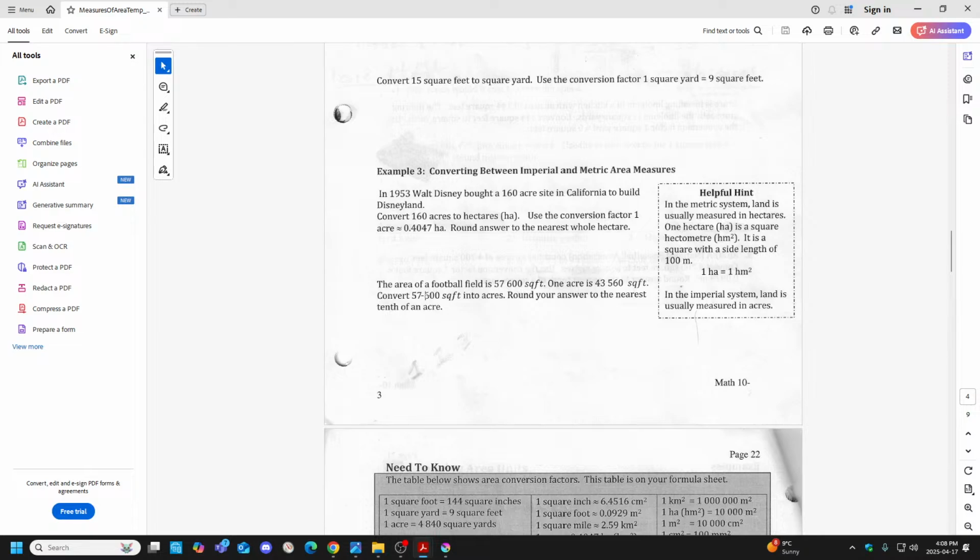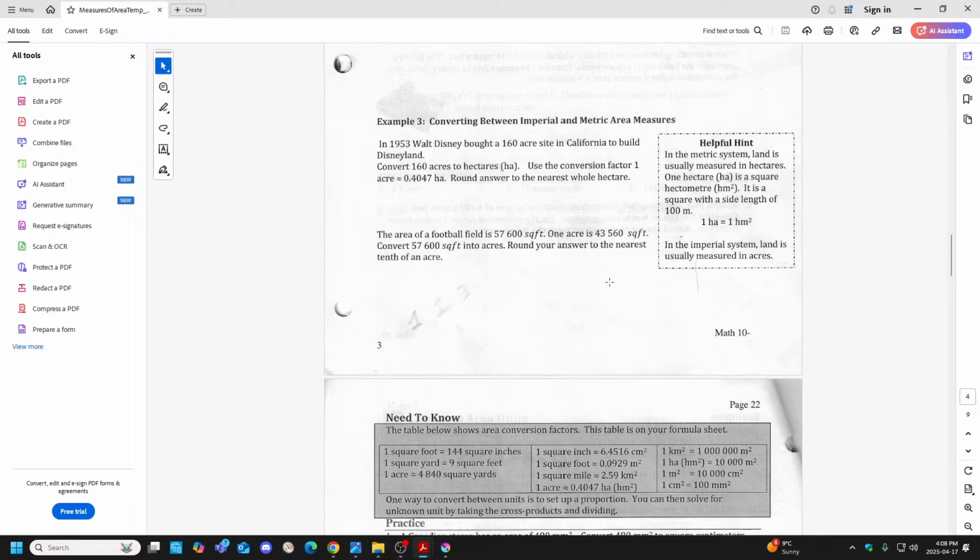And then they have, looks like another example here maybe. They got some information here. Okay. It looks like 2 different problems, okay?